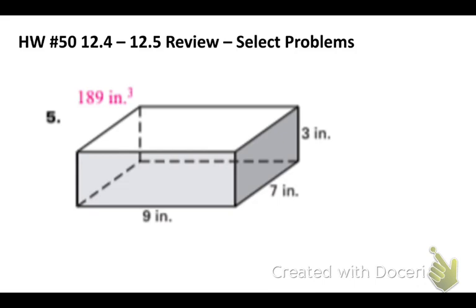So number 5 in that first group, this is a prism. So as such, we should use the formula for volume of a prism, which is V equals BH. And we notice when we start looking for B that the base is a rectangle.